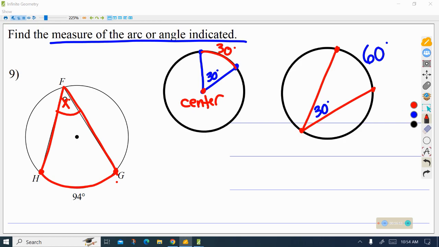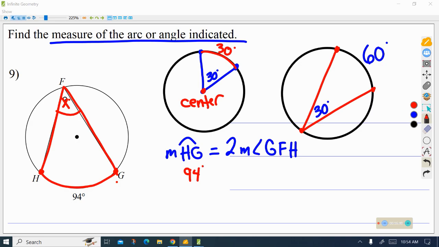And so the theorem that we have, if I want to write this in symbols, would be that the measure of HG is equal to double the measure of angle GFH. Well, HG we have a value for. HG is 94.